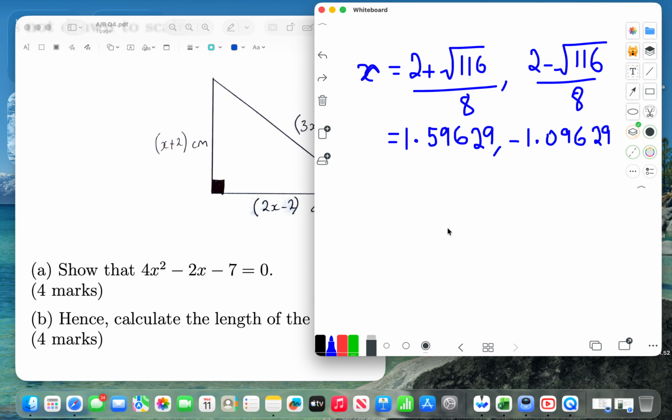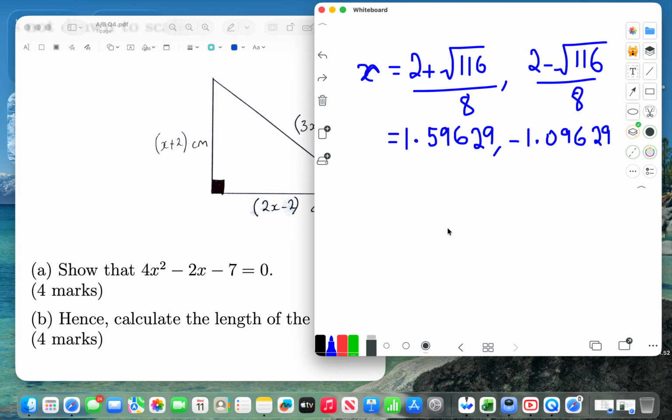So the next thing we have to do is check both of the solutions in context. So we have to substitute into the sides and make sure that all of the sides have a length greater than 0, because it doesn't make sense to have a negative length of a side.